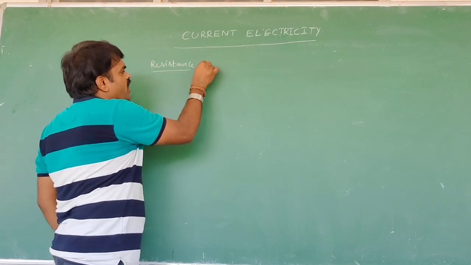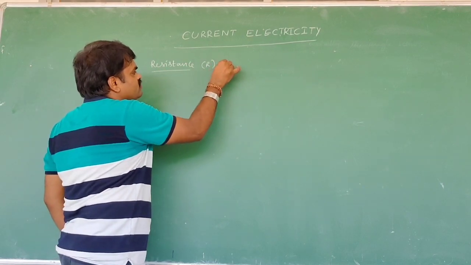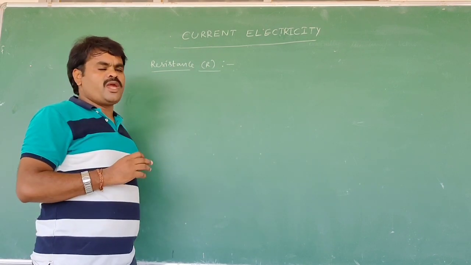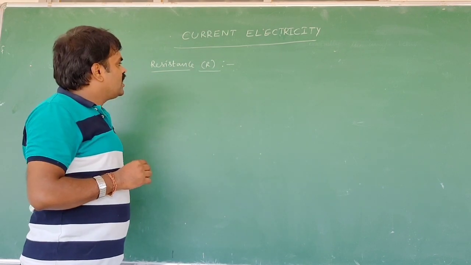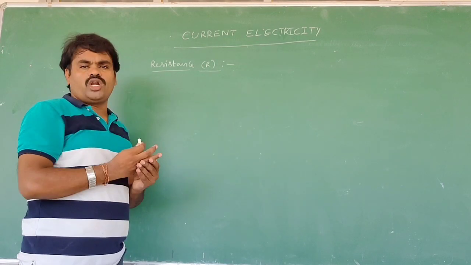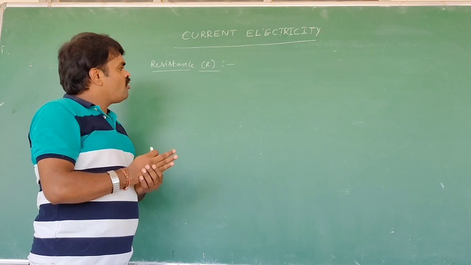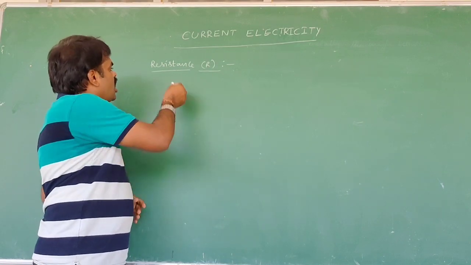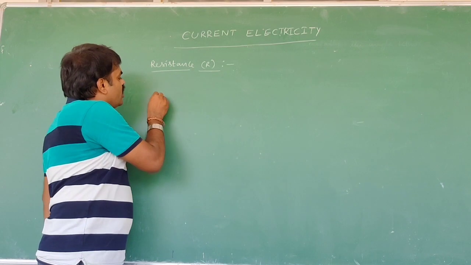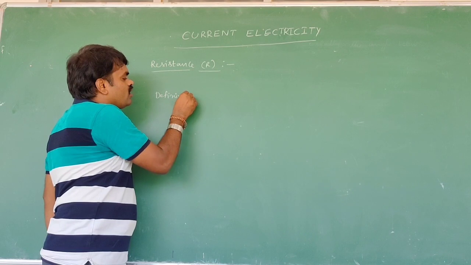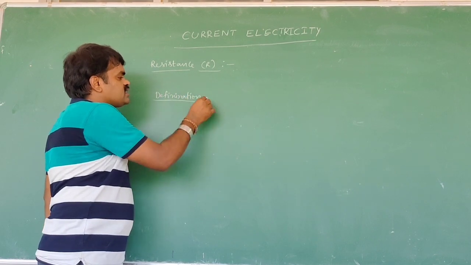Resistance. Resistance is denoted by R. The resistance of a specimen of material is the opposition offered to the flow of electric current. Now the definition of resistance.